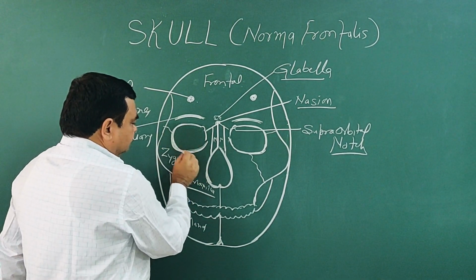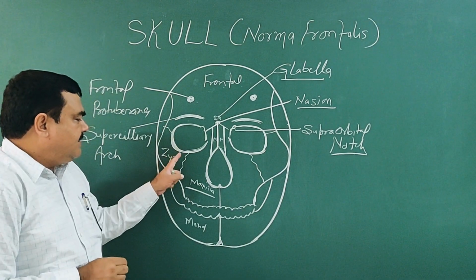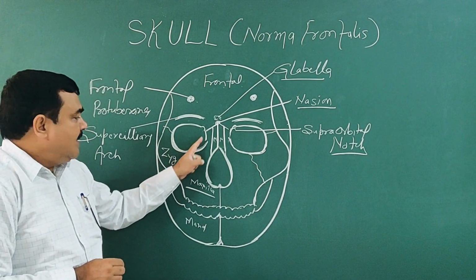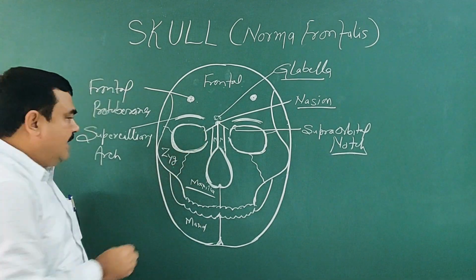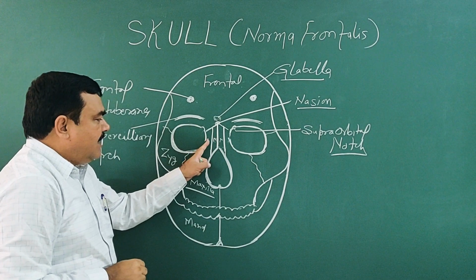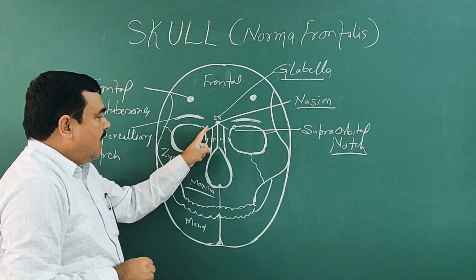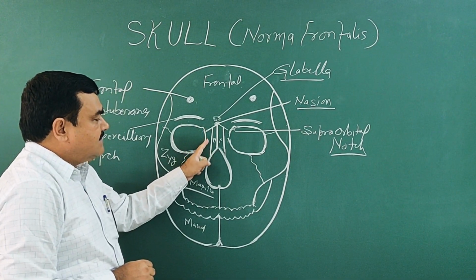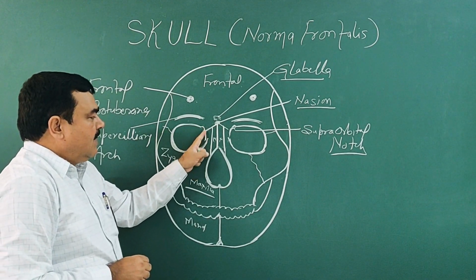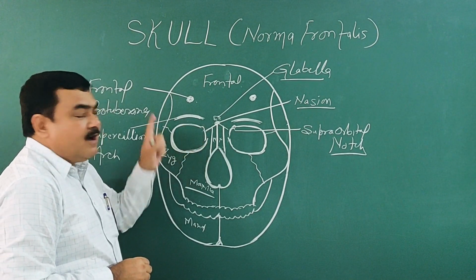The inferior margin is made up of the zygomatic bone and maxilla. And the medial margin is made up of the anterior lacrimal crest of the maxilla and the frontal bone.